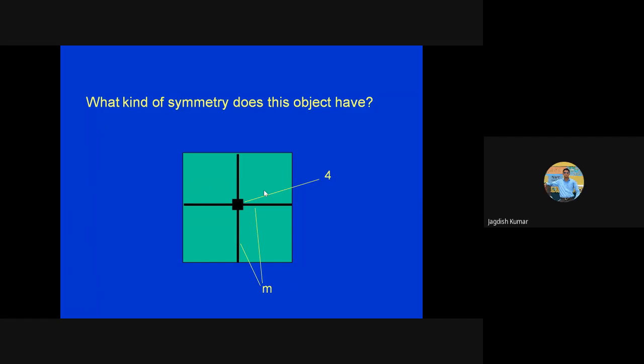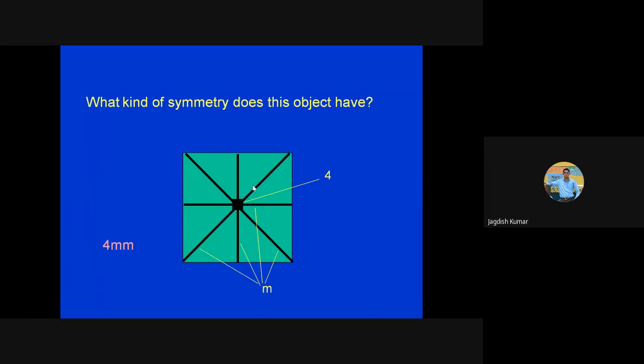And is there any other possibility of mirror planes for a square? Okay, so yes, of course, there will be a mirror plane along the diagonal. You would see that for a square, this half is the mirror image of this half. So there is another mirror plane as well.